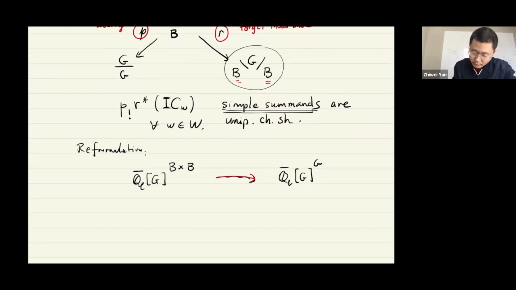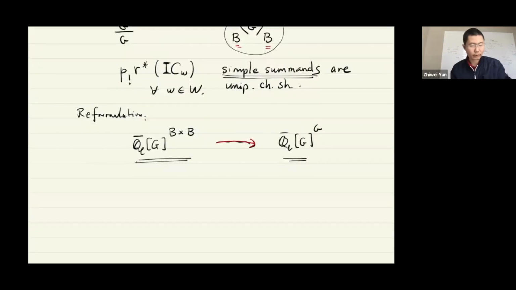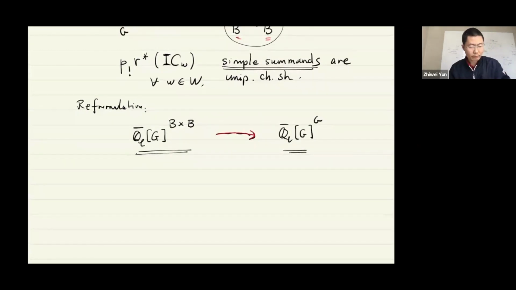Function theoretically, if you only start with B times B invariant functions, you're not going to get enough class functions to span the whole space. You're going to miss those cuspidal representations.